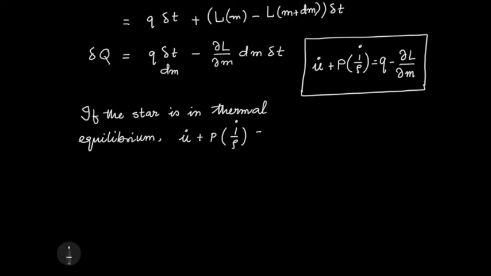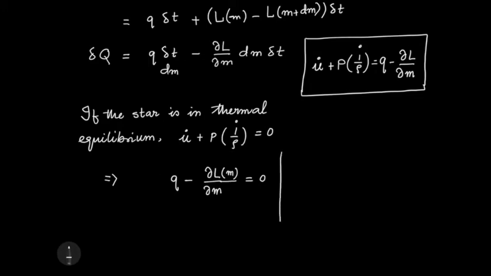So it's thermal equilibrium, this equals 0. This implies that Q minus del L del m, remember, this L is at the radius m, equals 0.